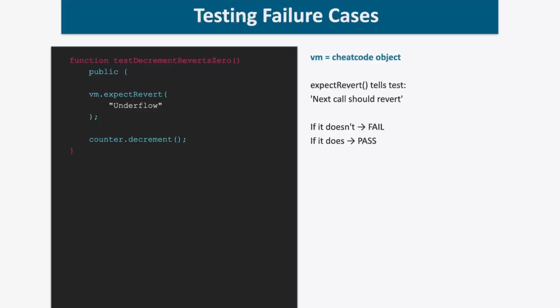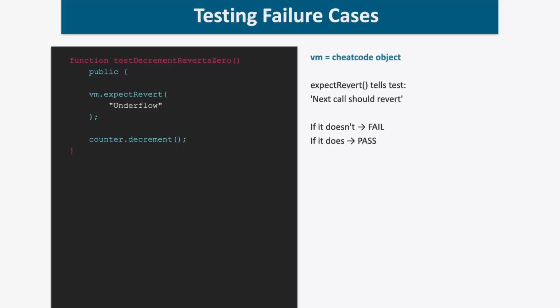If it doesn't revert, the test fails. If it reverts with a different message, the test fails. Counter.decrement is the function we call and expect to revert. When this test runs, setup deploys a fresh counter with count equals 0. vm.expectRevert sets an exception. Counter.decrement is called. The require check fails because count greater than 0 is false.